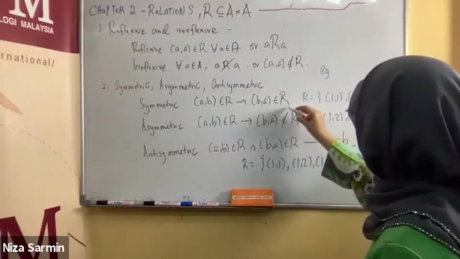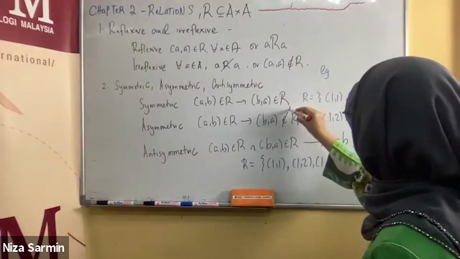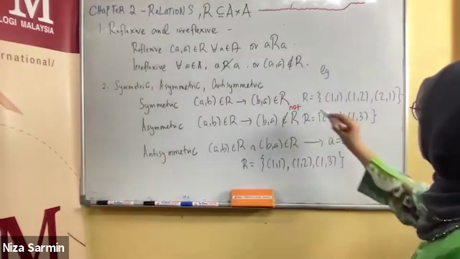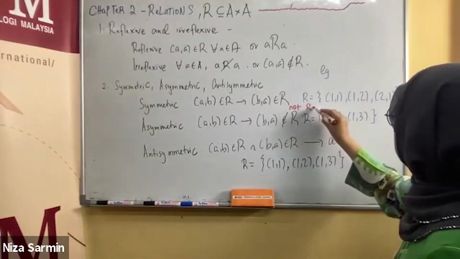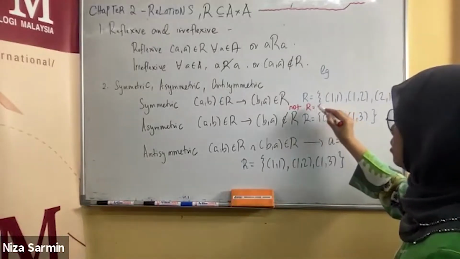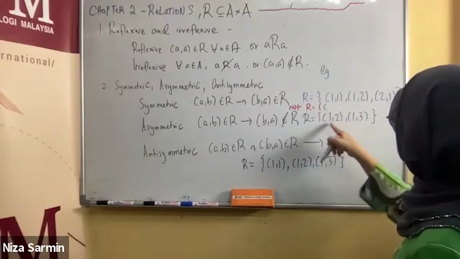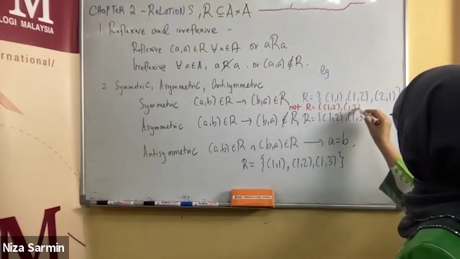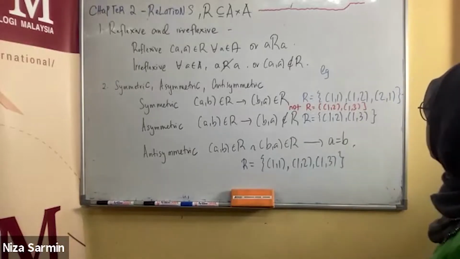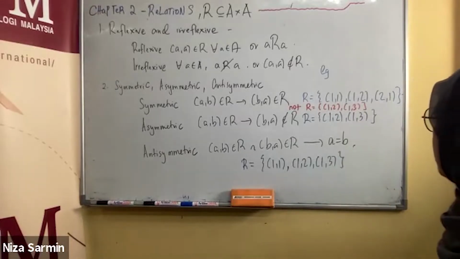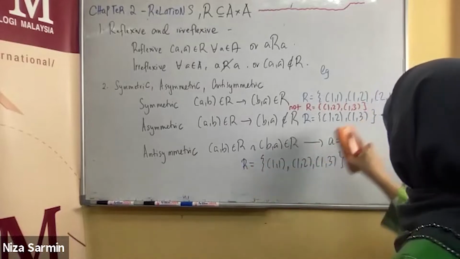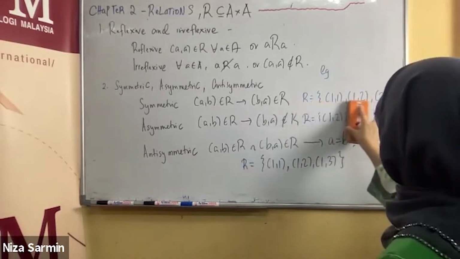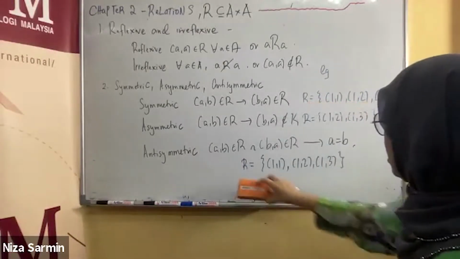The not symmetry. For example, I will put this: 1, 2, 1, 3. Why do I do this? It's the same thing. Let me write the answer here.